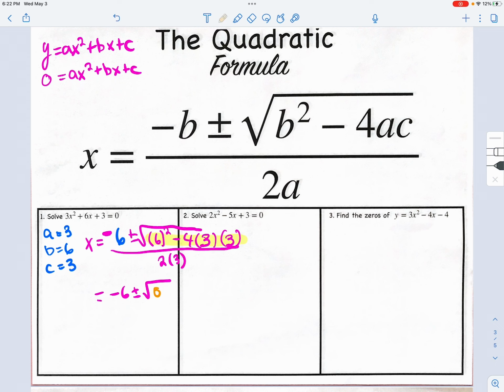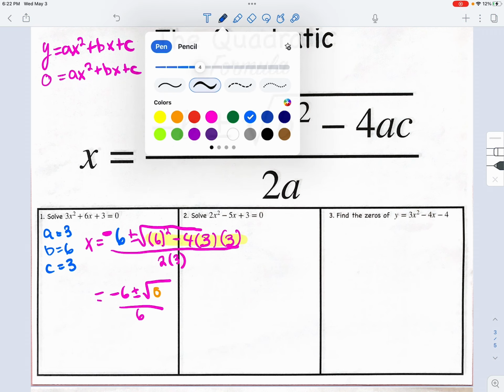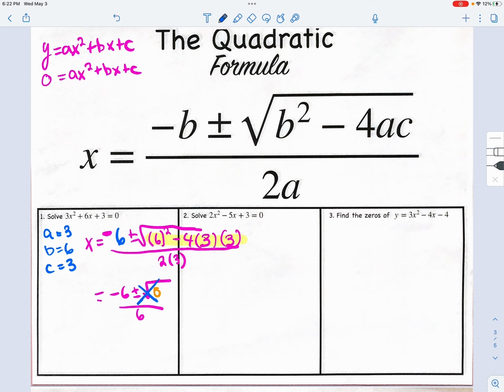And then divide it by 2 times 3 is 6. The square root of 0 is just 0. So anything after the negative 6, we can actually just X out here. And so our answer is actually x equals negative 6 divided by 6, which is negative 1.